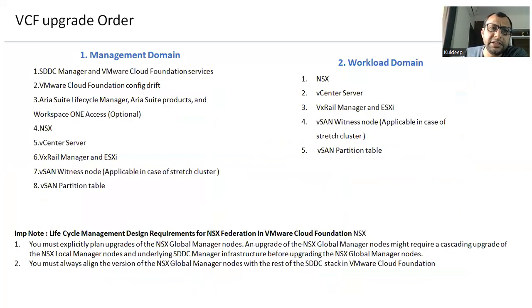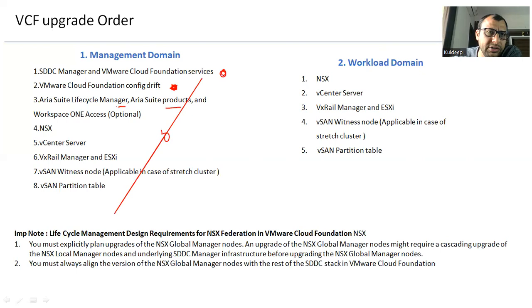Moving ahead, the upgrade order: how we will go with the upgrade order in the management domain. Inside the management domain, first of all, you need to upgrade your SDDC Manager. Then the configuration drift, to keep readiness and the changes with the new upgraded version for your NSX, vCenter, ESXi. Then Aria Suite Lifecycle Manager and the other Aria Suite products with the Aria Suite Lifecycle Manager.